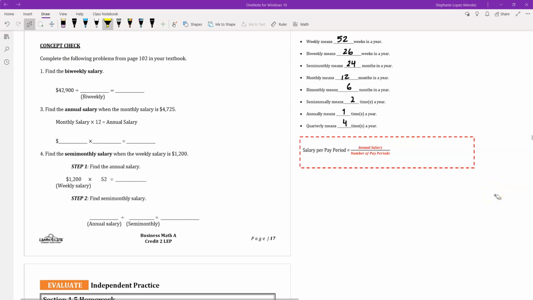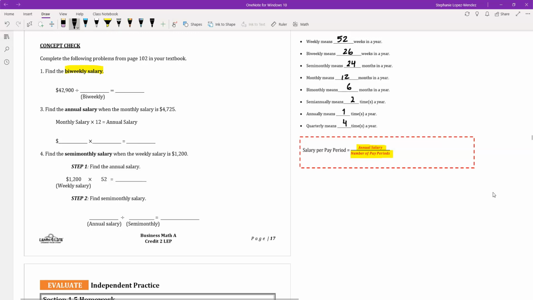In this concept check, we are going to use everything that we have learned so far in this section, and also our formula: salary per pay period equals the annual salary divided by the number of pay periods. So on number 1, we have find the bi-weekly salary.